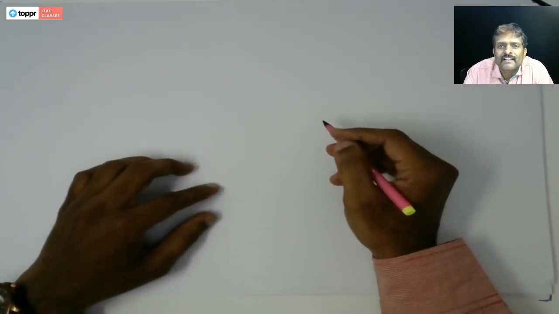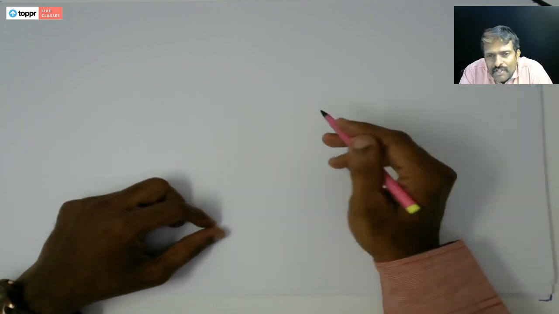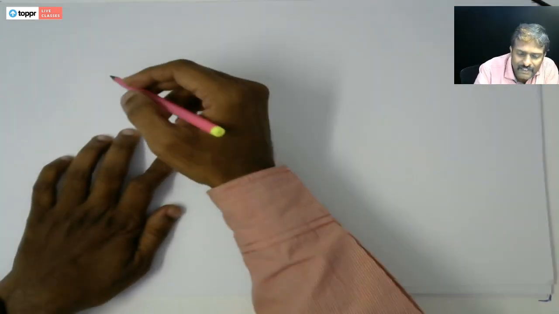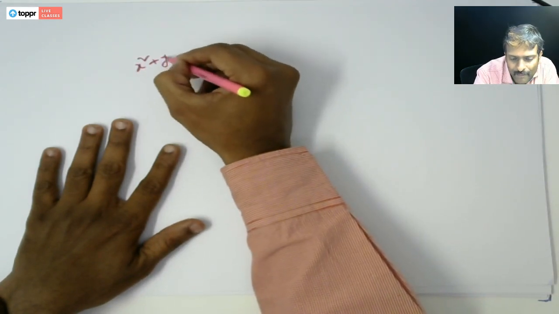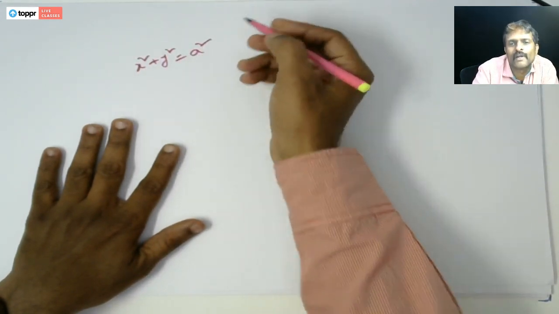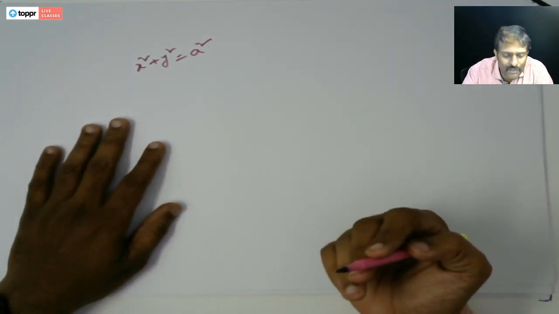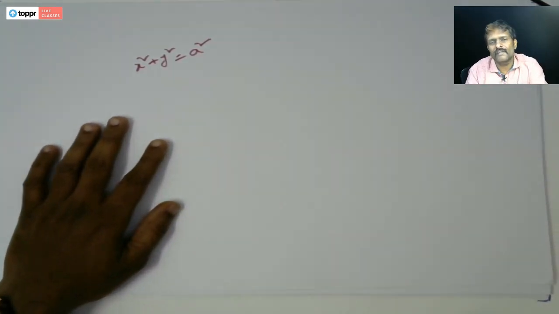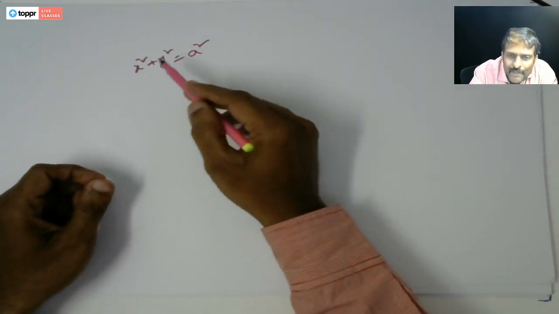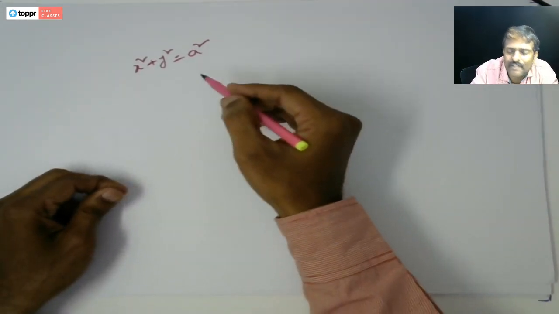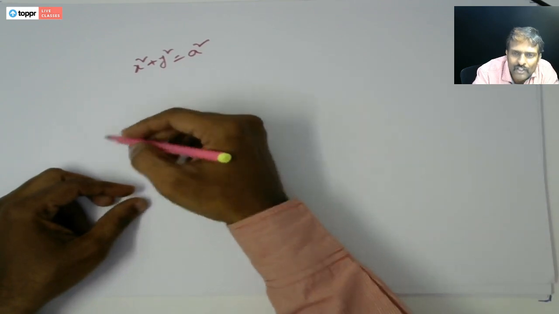Now let us discuss the parametric equations of a circle. Suppose the equation of the circle we have is x square plus y square is equal to a square. If I have to find the parametric form of this equation, what should I take?